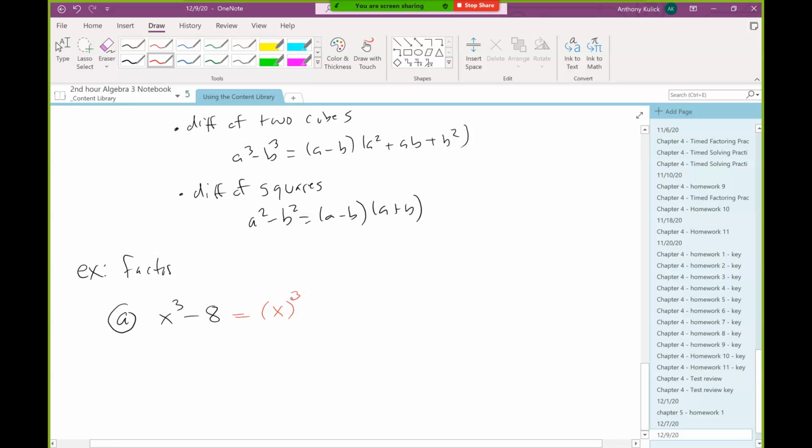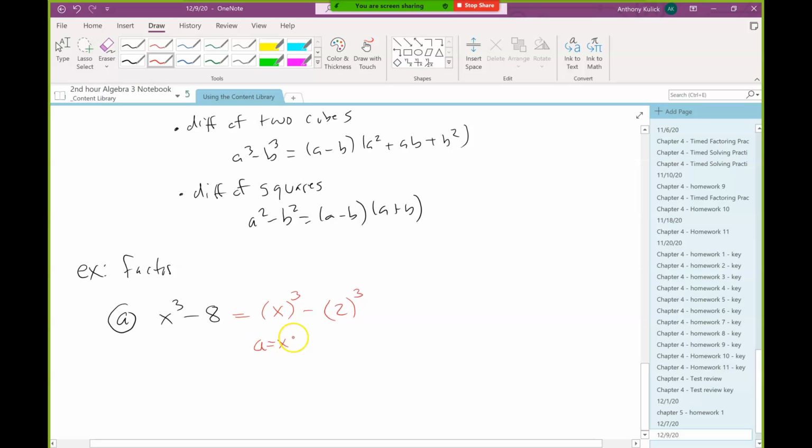Well, sure. x to the third power is just x cubed. And then I'm going to think, okay, is there a way to write 8 as something cubed? Well, I know that 2 times 2 is 4, and 4 times 2 is 8. So I know 2 to the third is the same thing as 8.